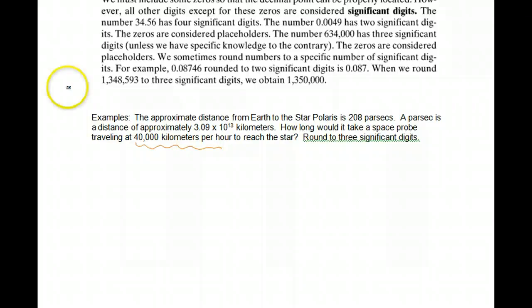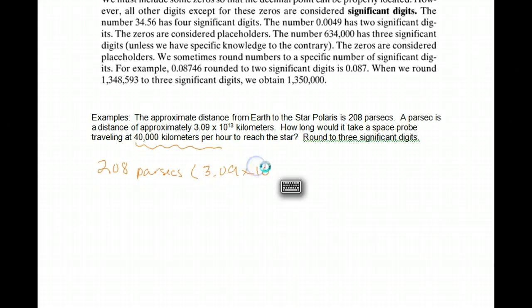So we're going to start by taking 208 parsecs, and we're going to multiply that by 3.09 times 10 to the 13 kilometers, because that's the conversion to get from parsecs to kilometers. Okay, 1 parsec is 3.09 times 10 to the 13 kilometers. That's what they told us.